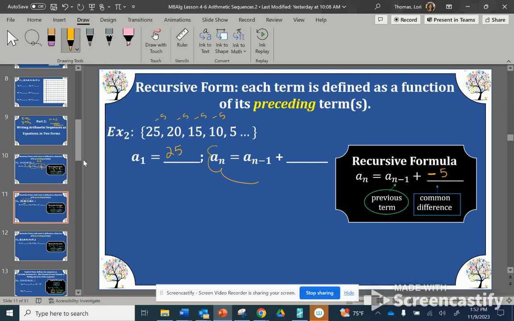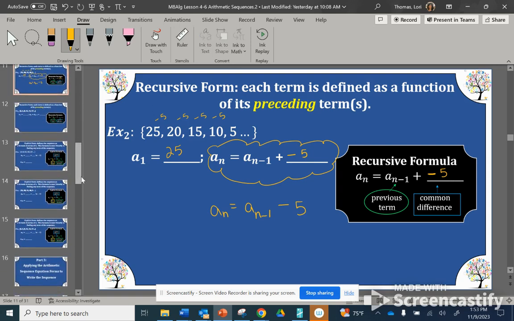And then here is the actual recursive form, and it's a fill in the blank. My term equals the previous term plus my common difference of minus 5. If I were writing this out, I would not put plus negative 5, which is fine, I would just put minus 5. It's just a fill in the blank.